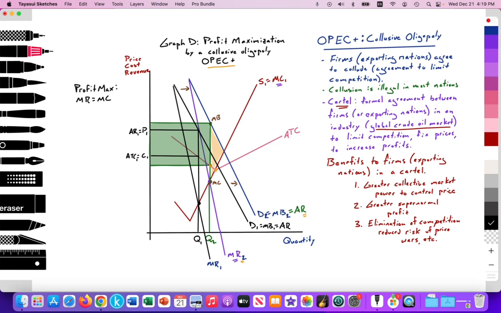Okay, and here we can see that at Q1, price 1 is greater than cost 1, or average revenue is greater than average total costs. So the firm is generating supernormal profit.